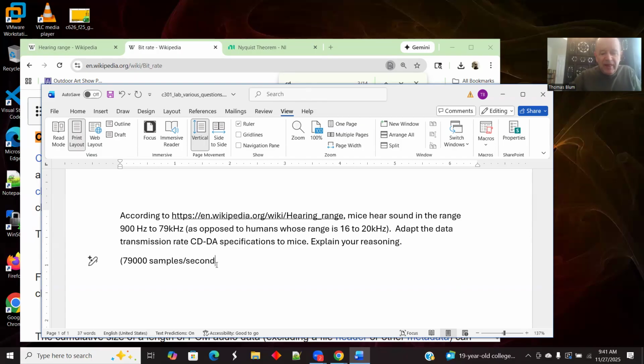I'm multiplying that highest frequency by 2, a la Nyquist. And that's just a 2, which has no units. Then I'm going to multiply it by, now I have to ask if I think 2 bytes per sample is enough for mice. I'll just say it is.